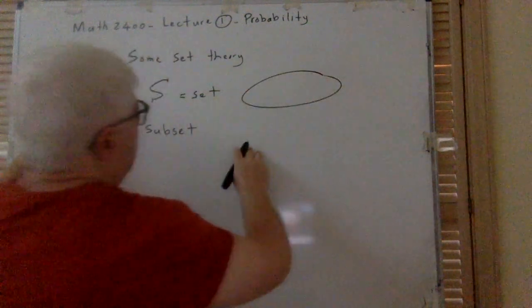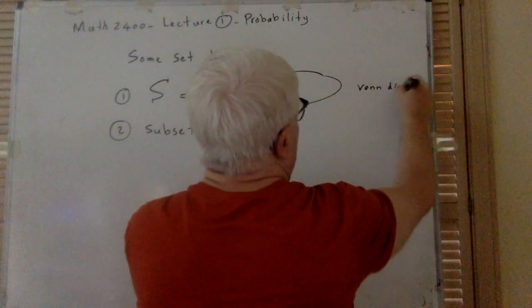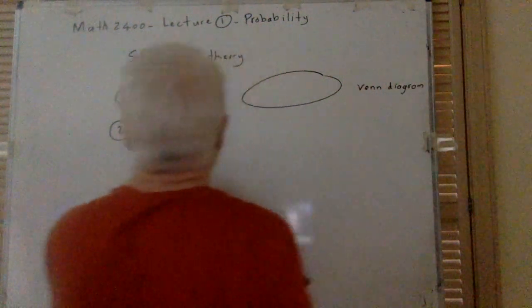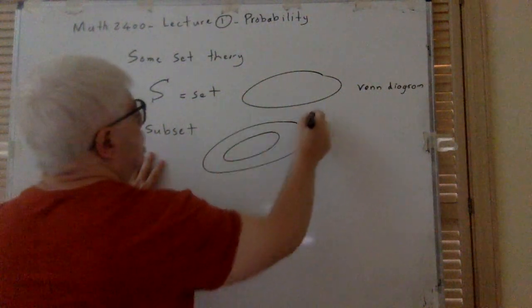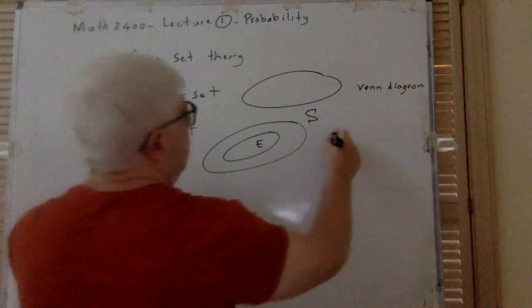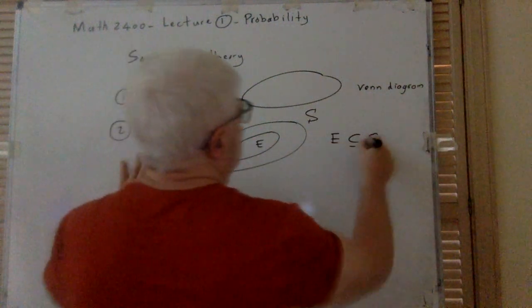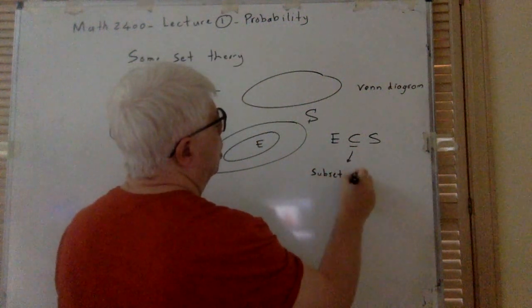This is called a Venn diagram. You might have seen this in other classes. So a subset is like something inside the set S, so we say E is a subset, or equal.